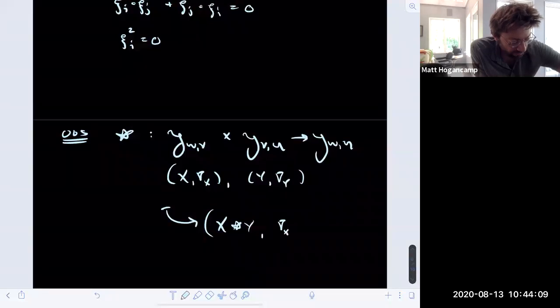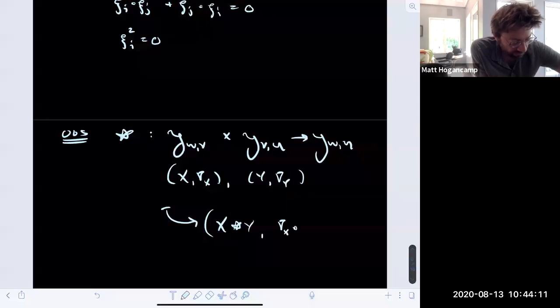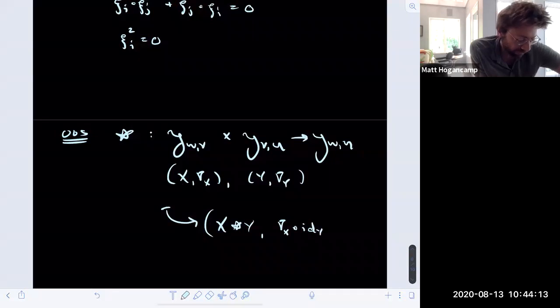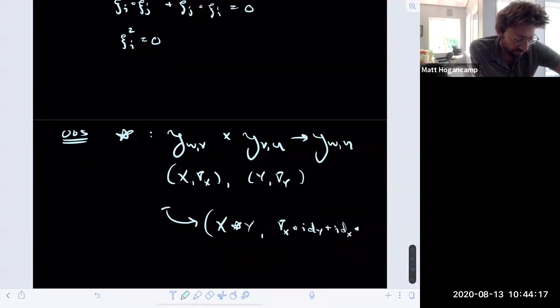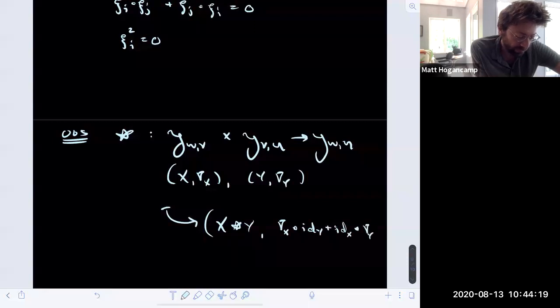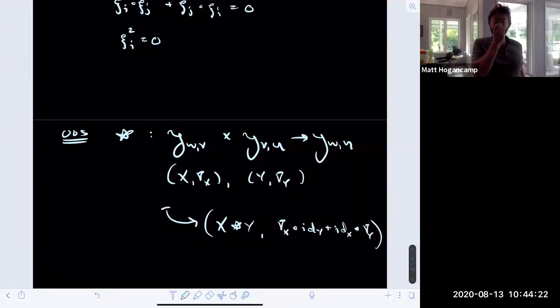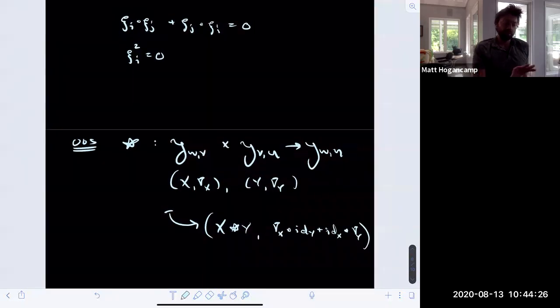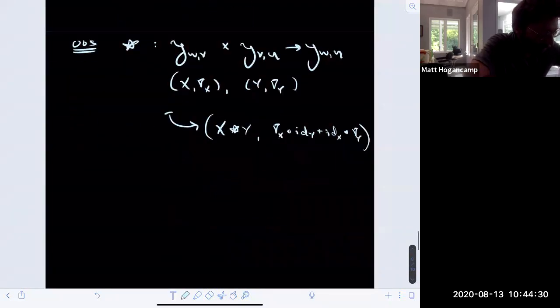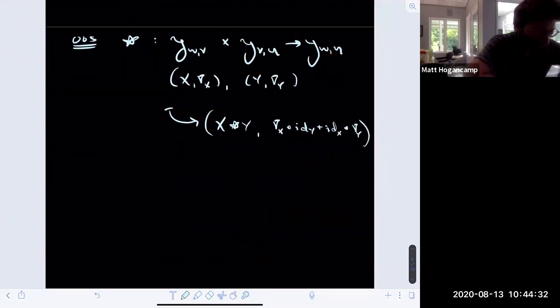This is the usual formula for the tensor product differential. And this has the correct curvature. Okay, so there's a convolution product defined on these Y categories.